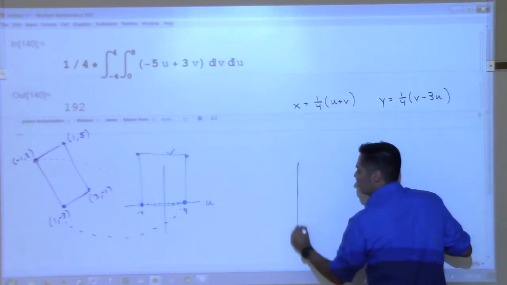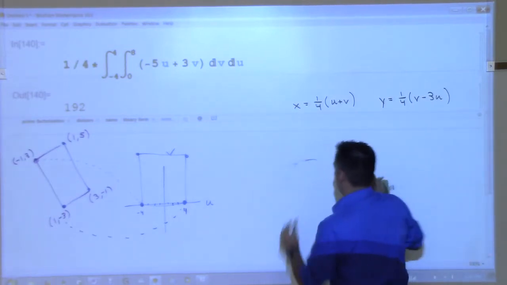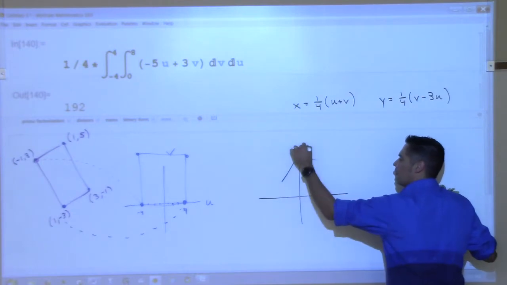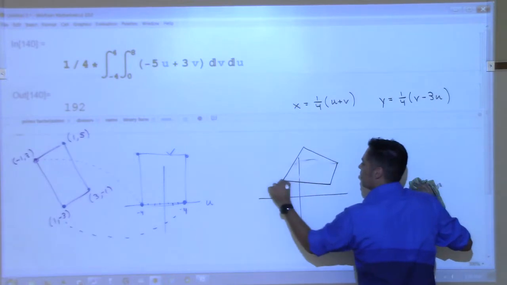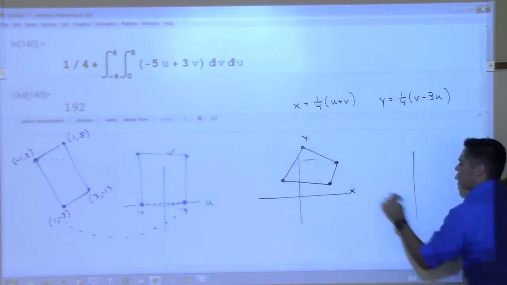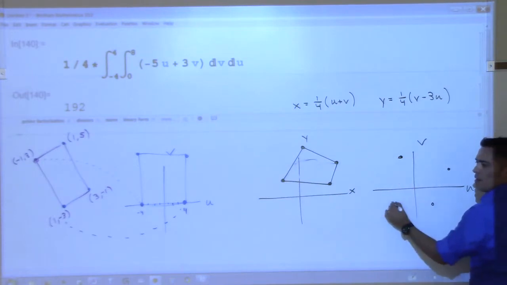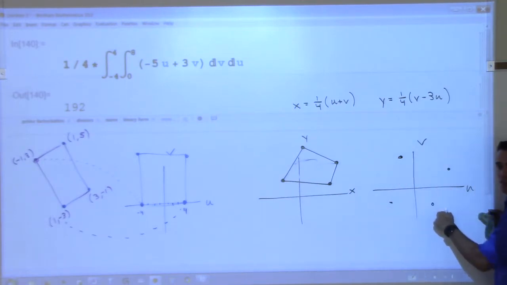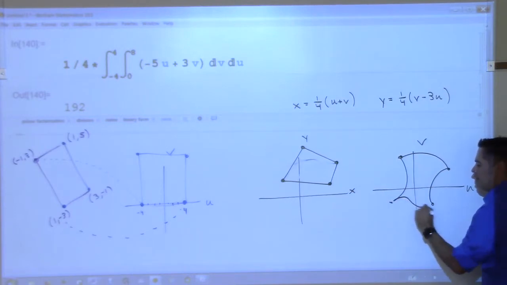I'm saying if you take an arbitrary region, let's take some arbitrary region, okay? And let's do a transformation over to UV using polar coordinates. You would get 4 points here, but there's no guarantee that what's connecting these is straight lines. You could have something like that, and who knows, something like that.